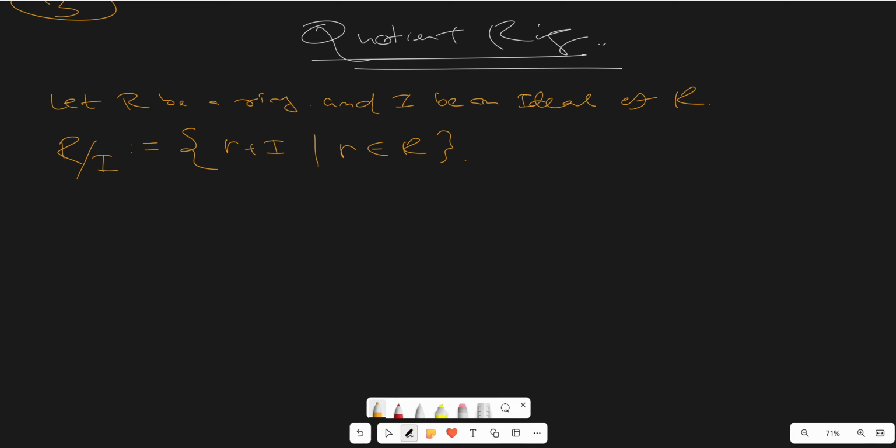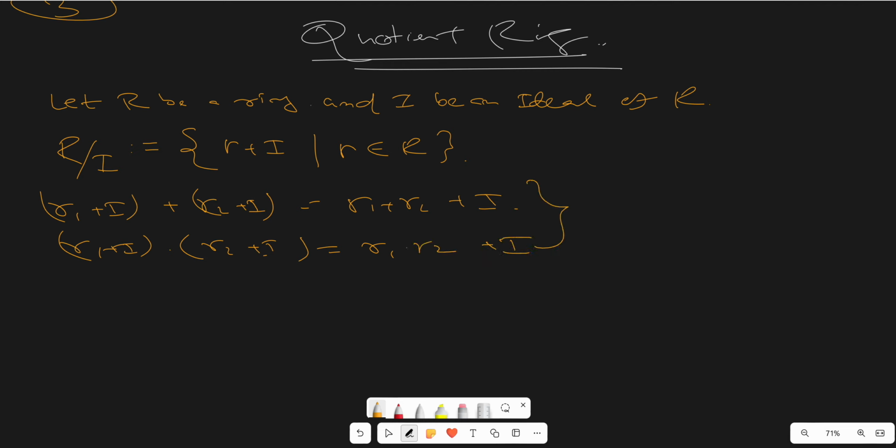Plus operation you can define as (r1 plus I) plus (r2 plus I), this is actually (r1 plus r2) plus I, and (r1 plus I) dot (r2 plus I) is actually (r1 dot r2) plus I. This should hold for every r1, r2 inside R. So this forms a ring with respect to plus and dot.